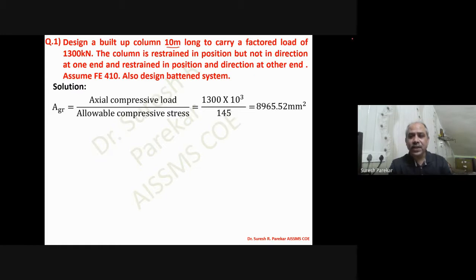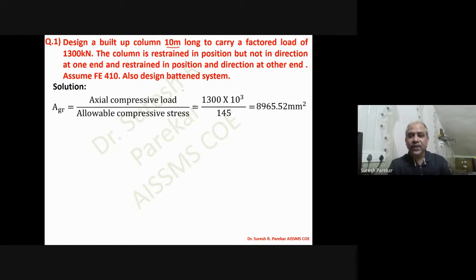Here I have taken the allowable compressive stress on the higher side, because my effective length will be 10 into 0.8, since one end is fixed and the other simple, so it becomes 8,000. So automatically L is less, and therefore we get a larger allowable compressive stress.